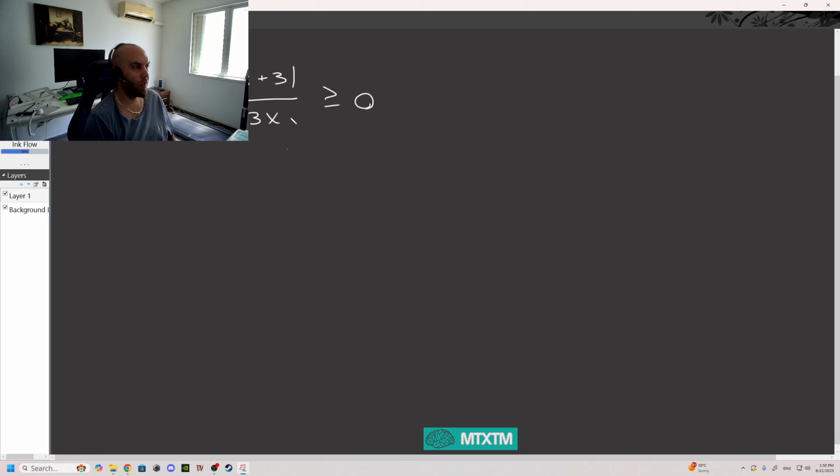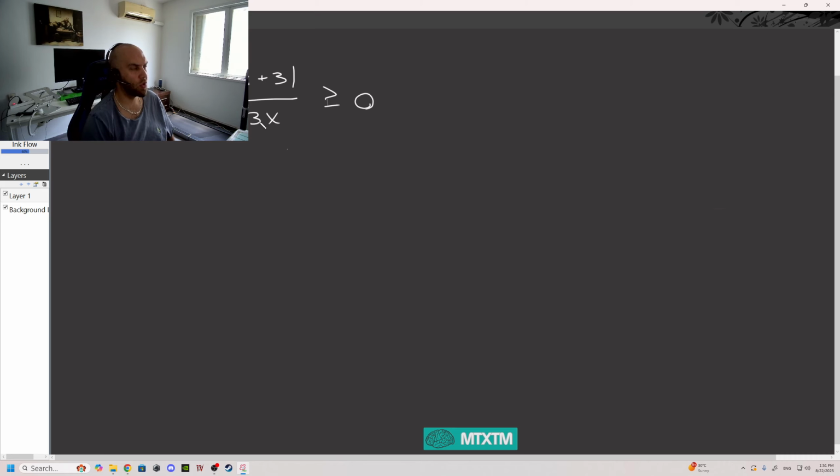So first of all, what we need to do is isolate the absolute value term from the rest of the inequality. Yeah, we'll just multiply by everything that is here, and no need to change the sign.